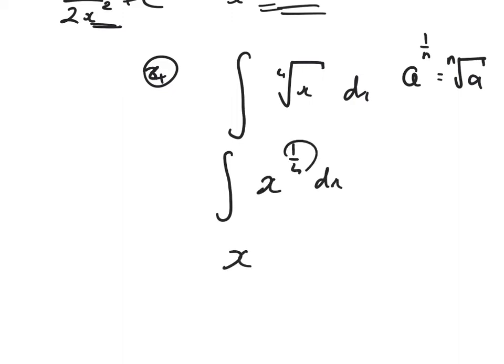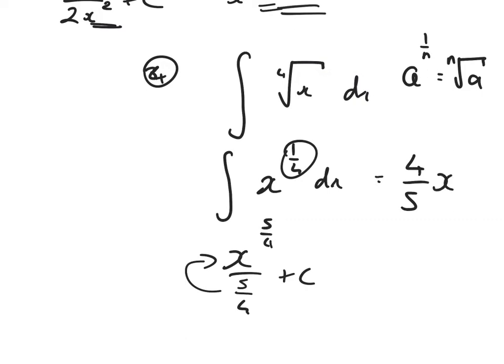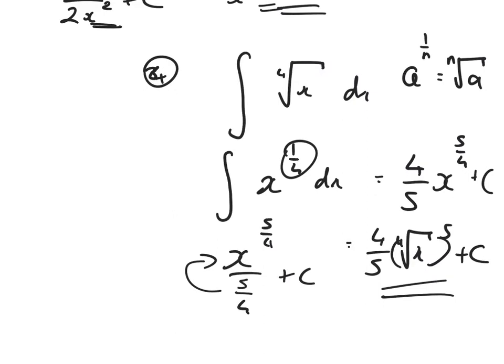Add 1 to the power, 1/4 plus 1 is 1/4 plus 4/4, which is 5/4, divided by 5/4 plus c. Let's tidy it up, bring the fraction up, flip it over. 4/5 x to the 5 over 4 plus c, and reintroduce the root symbol. 4/5 of the 4th root of x brought to the power 5 plus c.